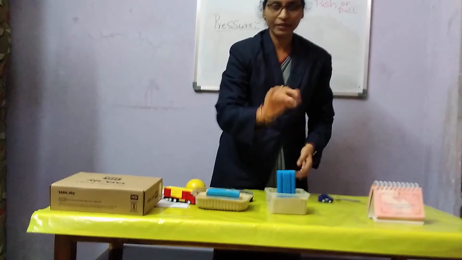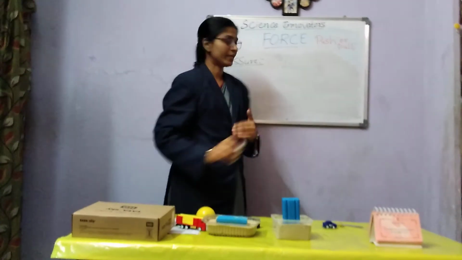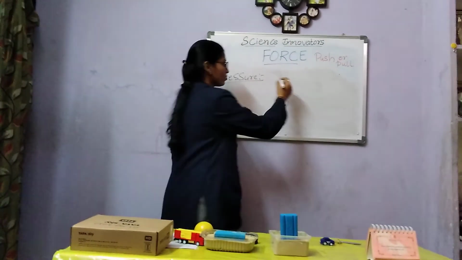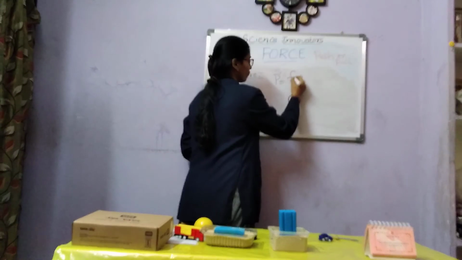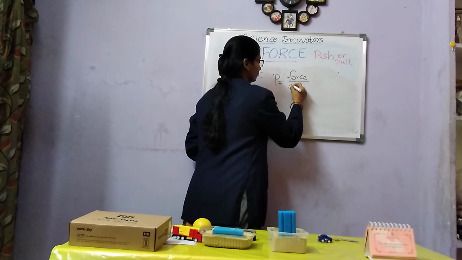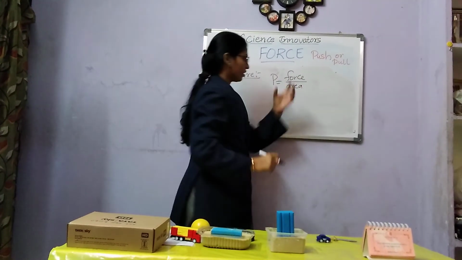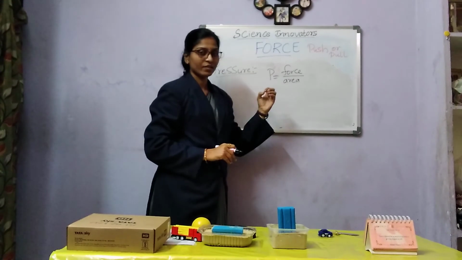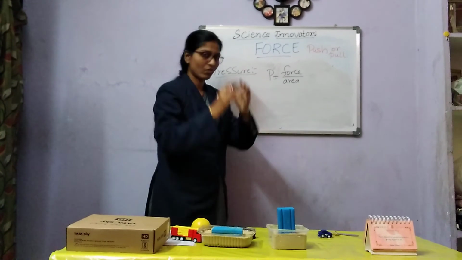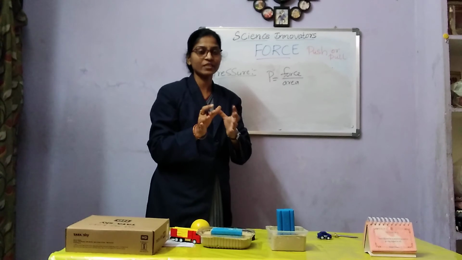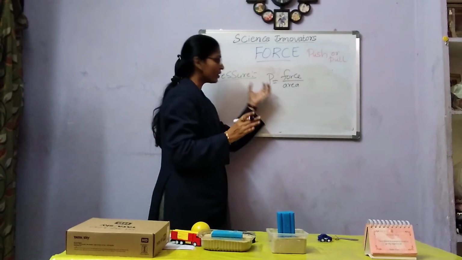So how can we correlate force and area with pressure? Pressure is equal to force divided by area. The force applied in the perpendicular direction on a unit surface area is nothing but pressure.